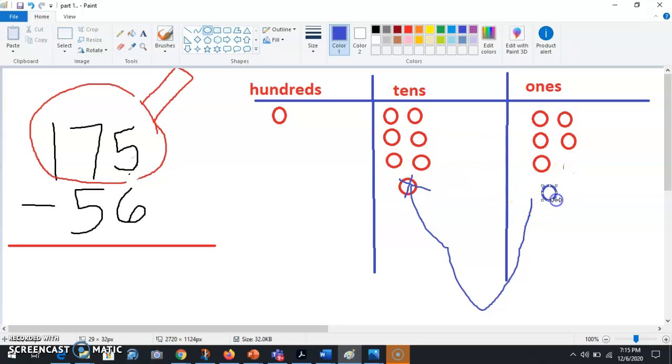So count with me. 1, 2, 3, 4, 5, 6, 7, 8, 9, 10. Okay, boys and girls, let me put a little arrow just in case we need it. Okay, here we go. So we unbundle from the tens to make 10 ones.